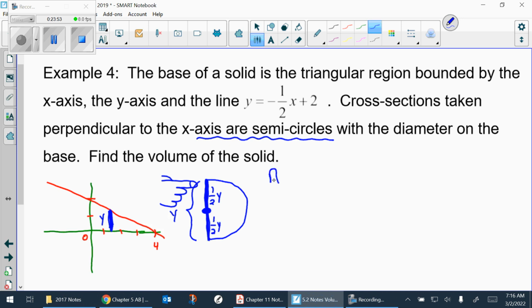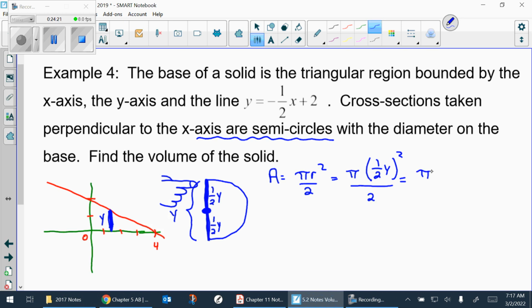The area of a semicircle is pi r squared divided by 2. So I've got to take pi. I've got to take my radius of 1/2 of a y. I've got to square that, and I've got to divide by 2.